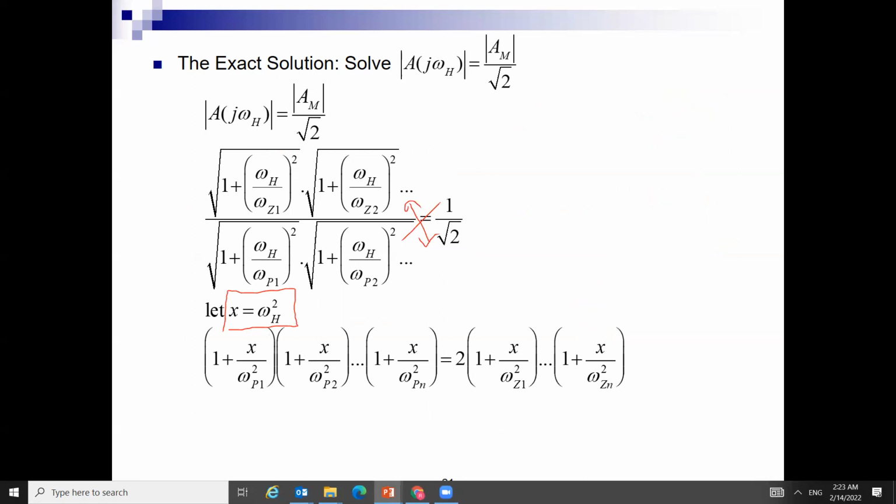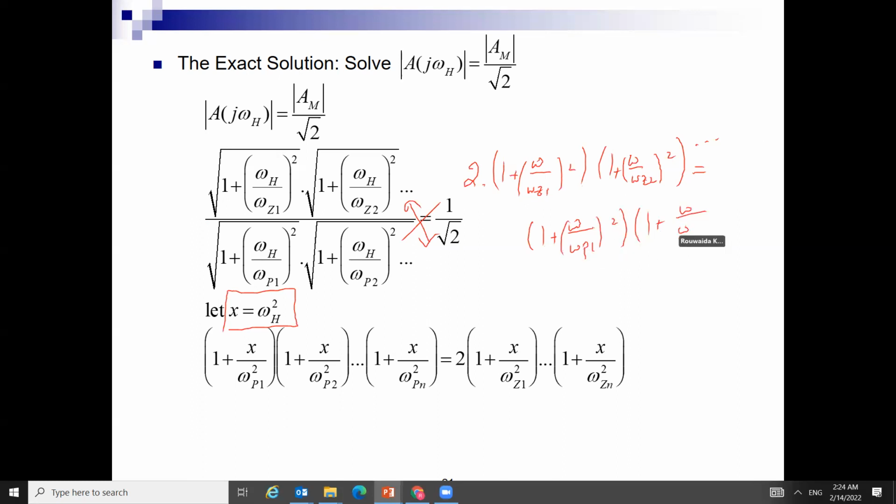So first, we say that (1 plus omega over omega z1) all squared times (1 plus omega over omega z2) all squared, multiplied by 2 and in square root to cross multiply, is going to be equal to (1 plus omega over omega p1) squared times (1 plus omega over omega p2) squared, and so on.